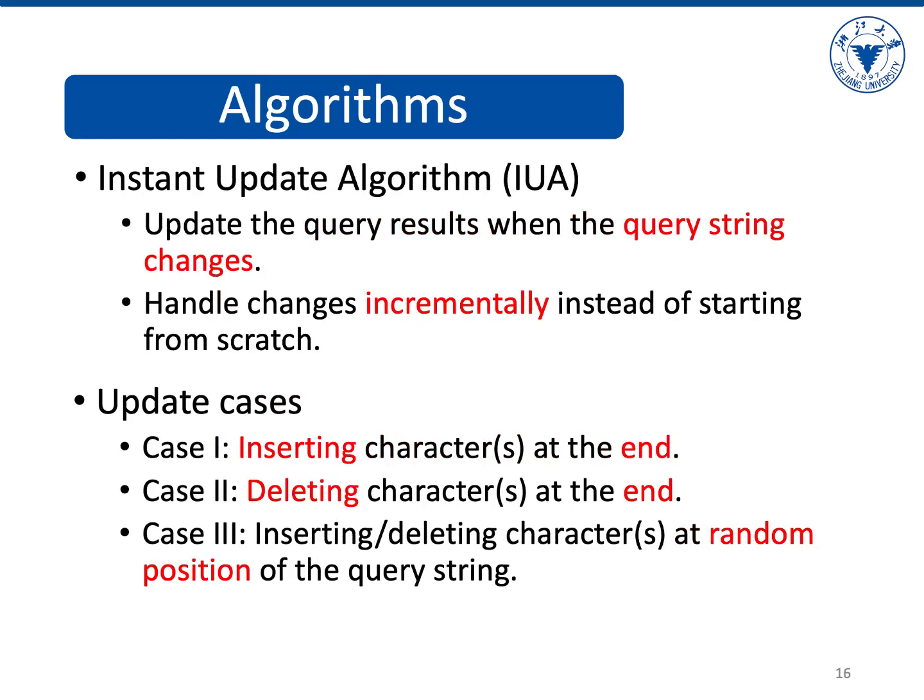Then, we design the instant update algorithm. It updates the query results when the query string changes, and handles changes incrementally instead of starting from scratch. There are 3 cases of string updating: inserting characters at the end, deleting characters at the end, and inserting or deleting characters at a random position of the query string.